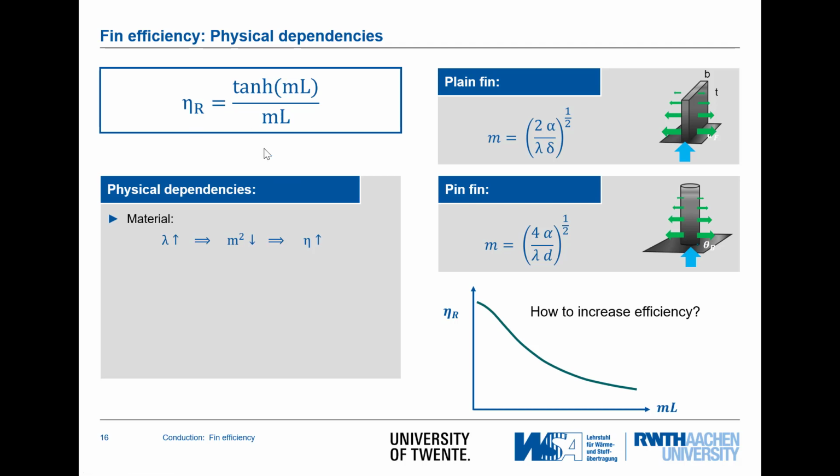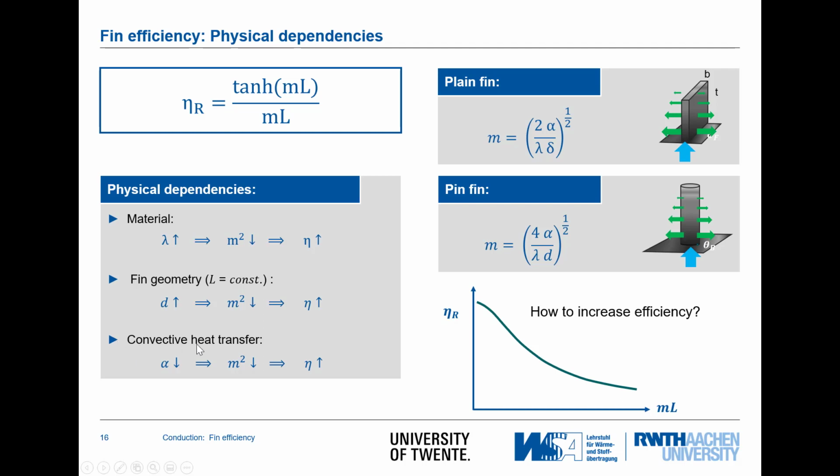Very clear: we have seen for copper, with high thermal conductivity, the temperature is nearly homogeneous, so the efficiency is increasing. What happens if we increase the diameter of the fin? This results in m squared increasing and the fin efficiency decreasing as well. If we, on the other hand, increase the length, then of course the fin efficiency decreases.